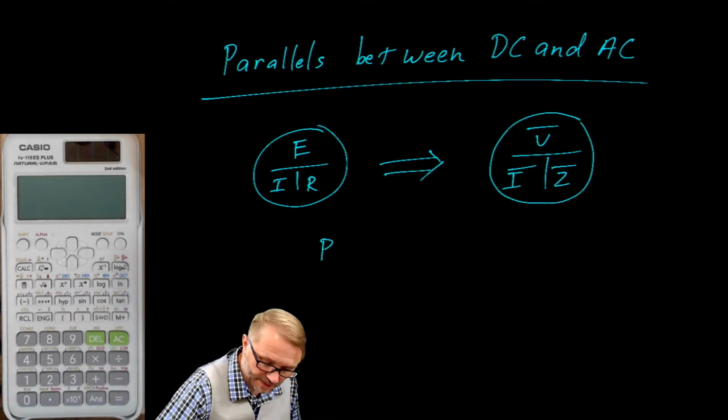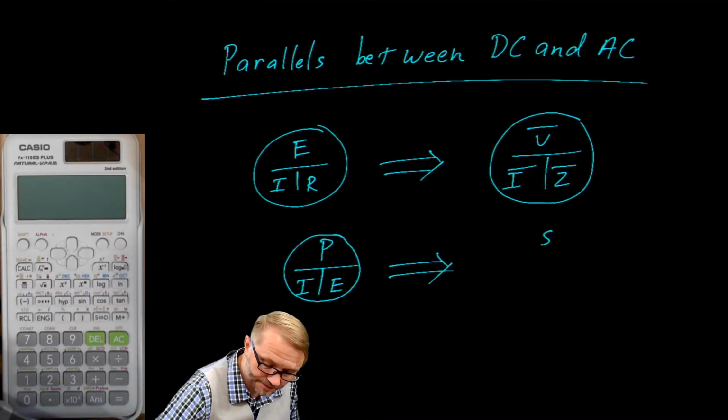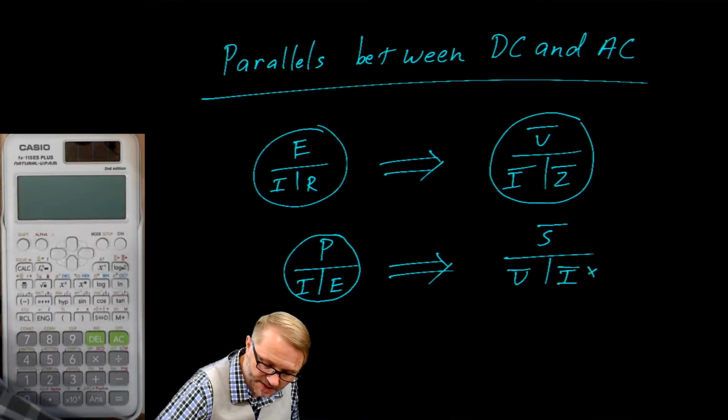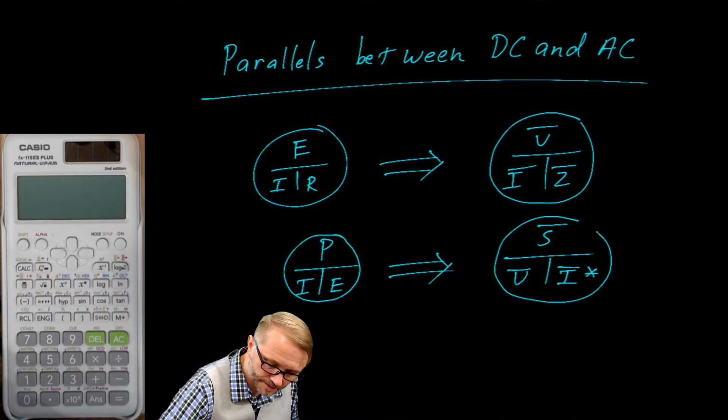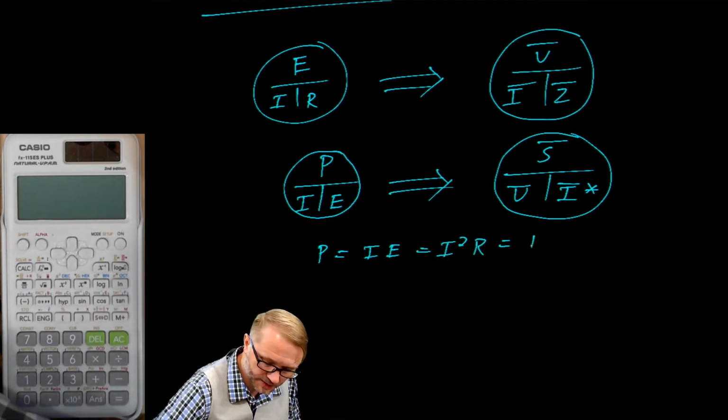We also talked about power, which becomes complex power, vector S, over voltage vector multiplied by the complex conjugate of the current. In the DC world, we often wrote power is equal to IE is equal to I squared R is equal to voltage squared divided by resistance.